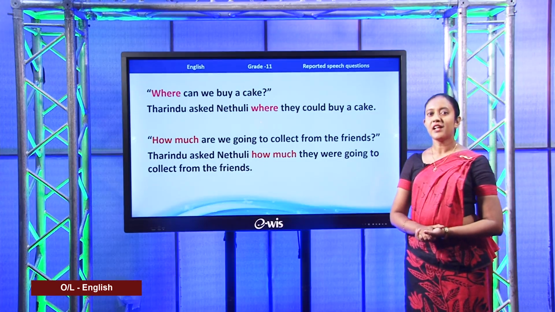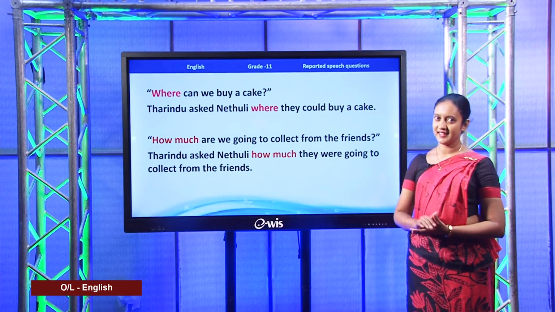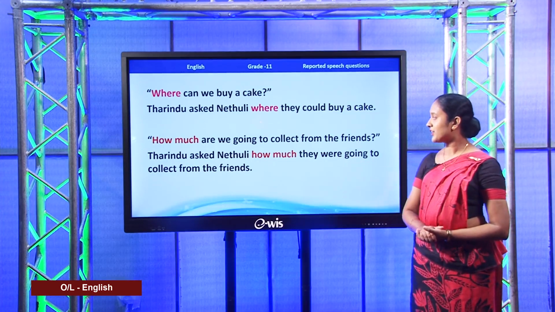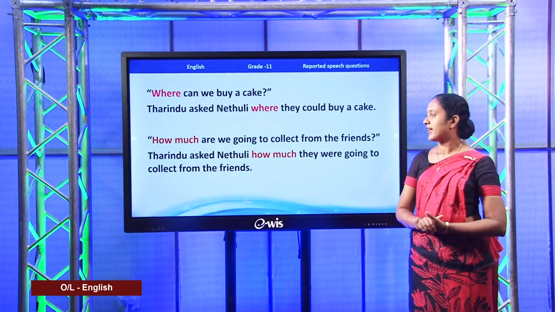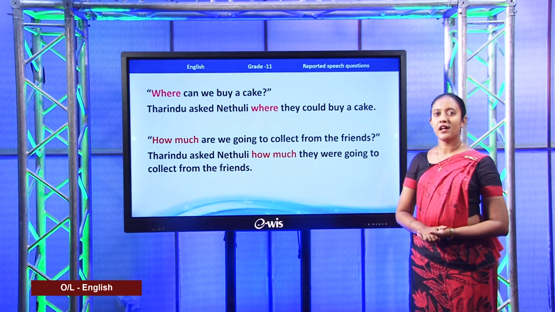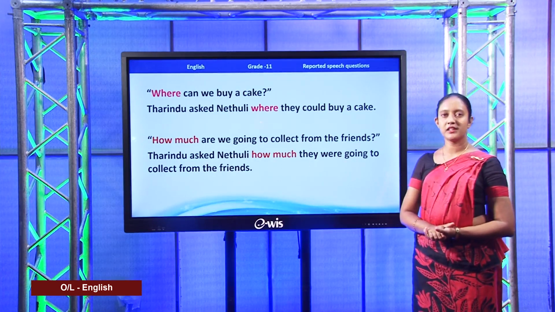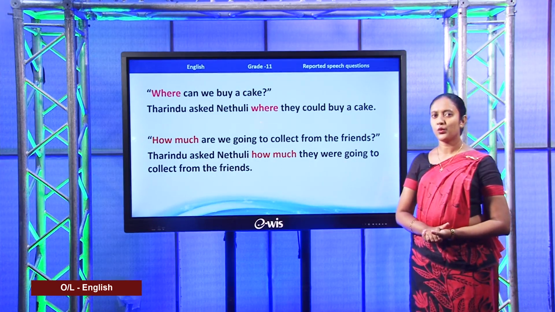Okay, now let's take the other sentence. How much are we going to collect from the friends? So here also the WH question word is how much. So here in the reported speech we used the same WH question in the middle. Tarindu asked Nethuli how much they were going to collect from the friends. So what are the other changes in the question?